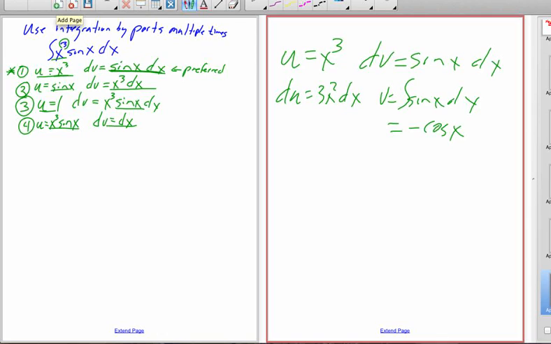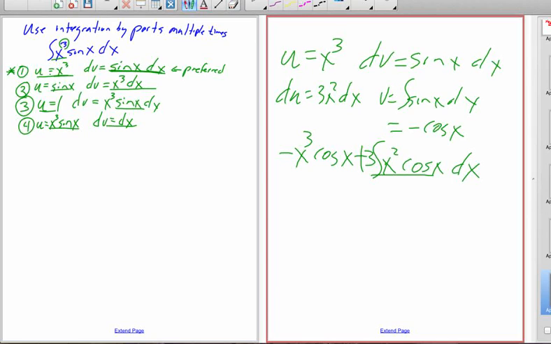So I've got u and v, so I'm going to have negative x cubed cosine of x minus the integral of v, it's a negative, so I'm going to do that, cosine of x, and then I've got a 3 and an x squared, cosine of x dx.